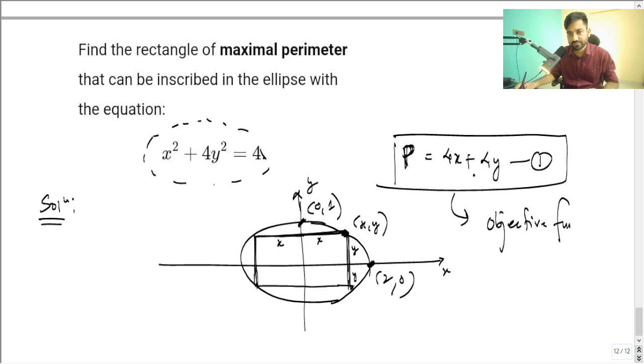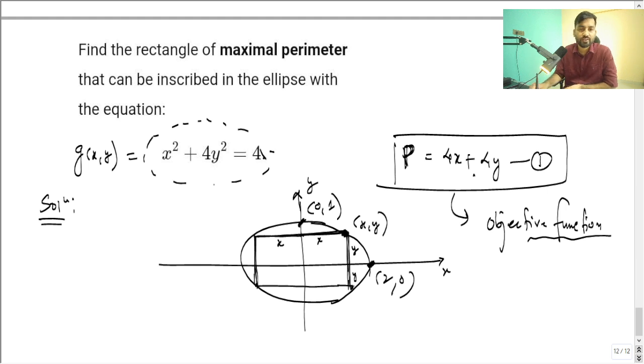And this function is a function of two variables, x comma y. And in the problem itself they have given the second equation, g of x comma y, which is nothing but your constraint function.